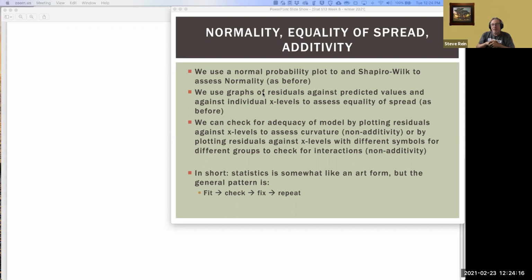If you have that pattern, perhaps you'll spot the problem when plotting the residuals against the fitted values, instead of the residuals against each of the x's. You have to plot against both to spot all of the possible problems. Any questions on that?